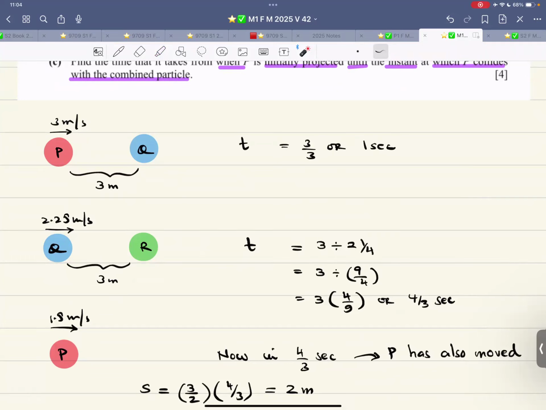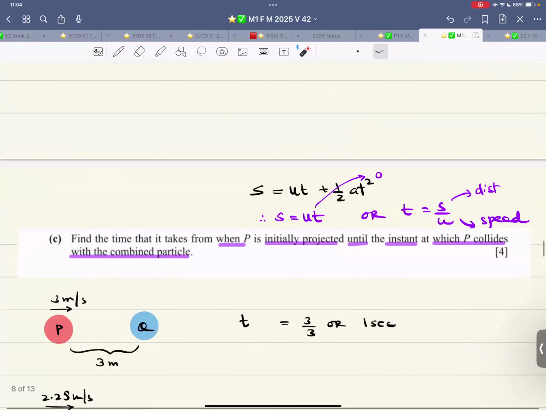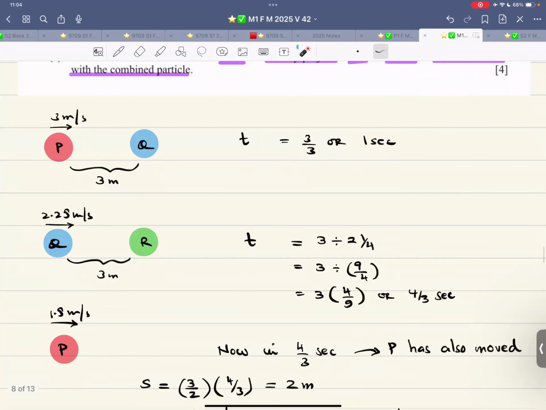P and Q, 3 meters apart, moving at 3 meters per second. There is no acceleration. So basically, S is ut plus half at squared. This thing is gone. S is u into t. T is s over u, our old school distance over speed because there was no acceleration. So this is distance 3 divided by speed. It took 1 second for the particle to reach Q and collide with it.